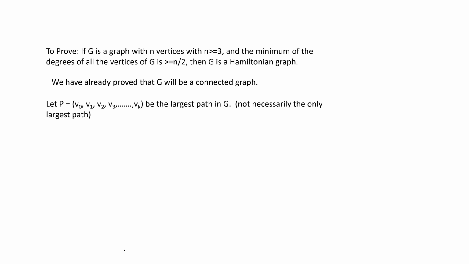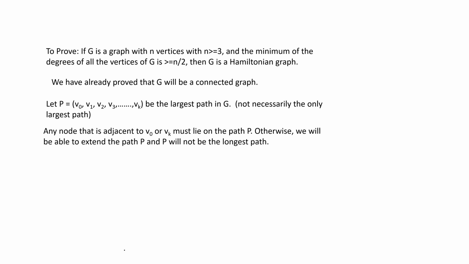So let's assume that the largest path is V0, V1, V2, V3 up to Vk. This is a path. Path means that V0 is adjacent to V1, V1 is adjacent to V2, V2 is adjacent to V3, like that. Now if we observe carefully, any node that is adjacent to V0 must be on this path.